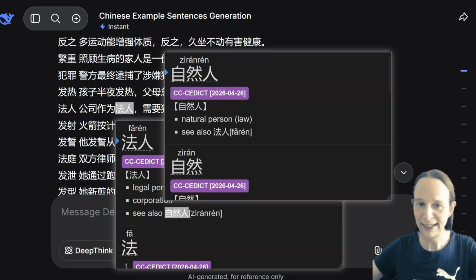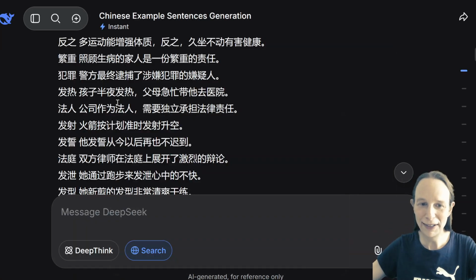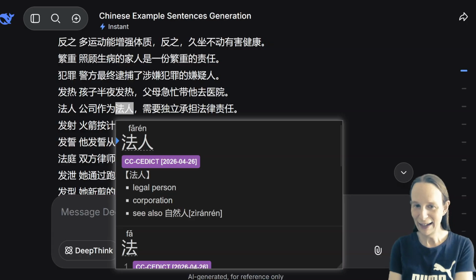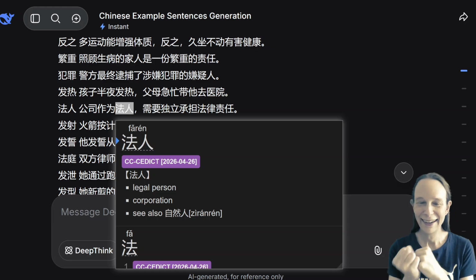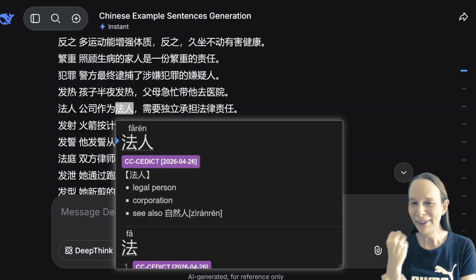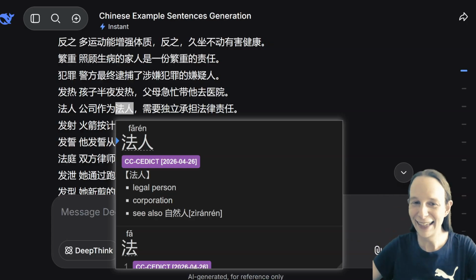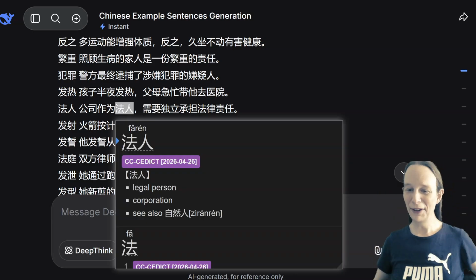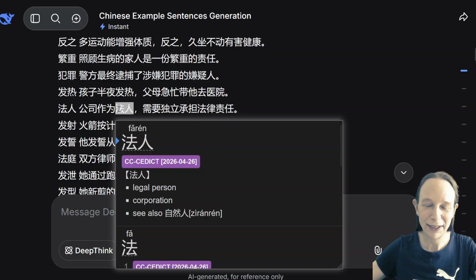Yeah, 自然人 is a natural person. These are the legal ones. So a corporation counts as a legal person. I don't know why. There must be some explanation. I feel like lawyers around the world didn't just invent this for no reason. Legislators, there must be a reason. It's not obvious to a lay person why. I can tell you why a corporation is a legal person, but all right.